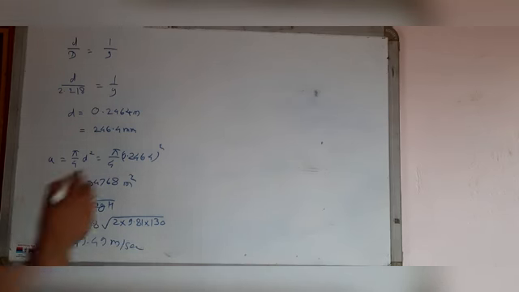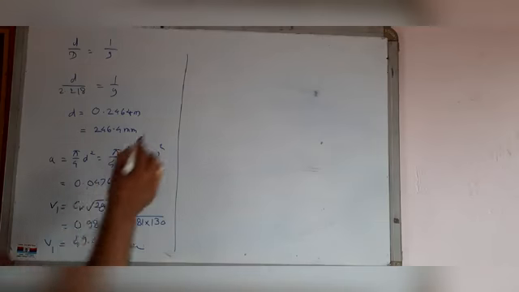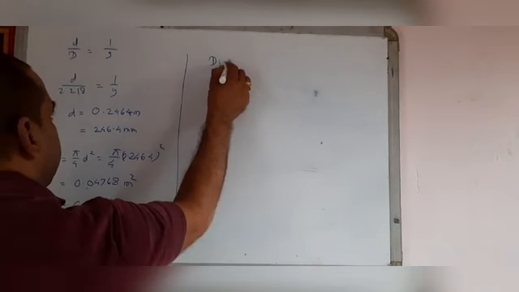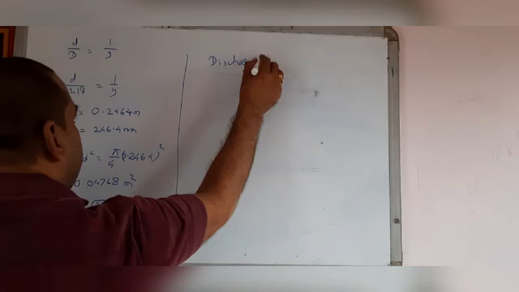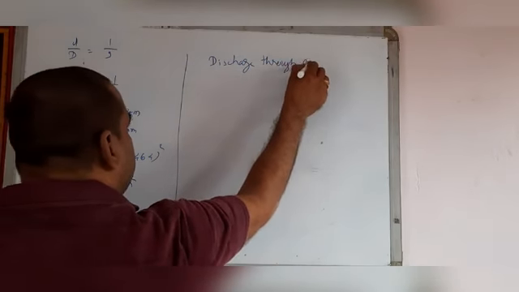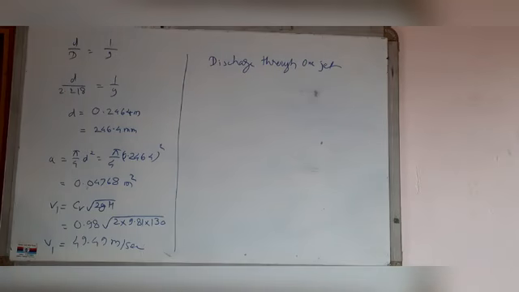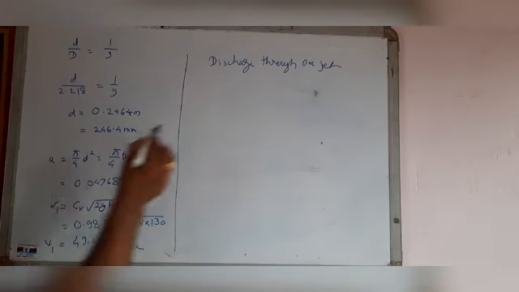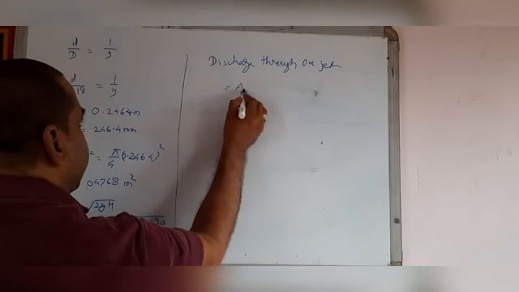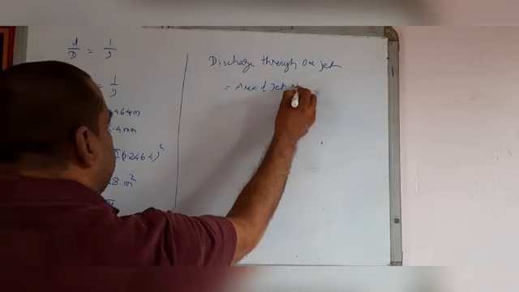Now discharge through one jet is equal to area of jet into velocity of jet.